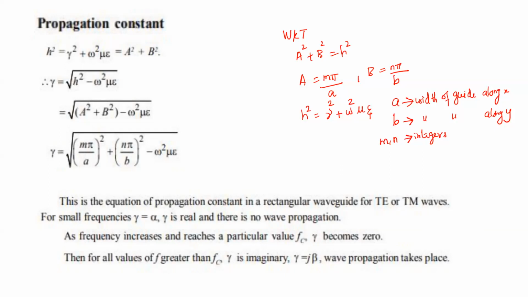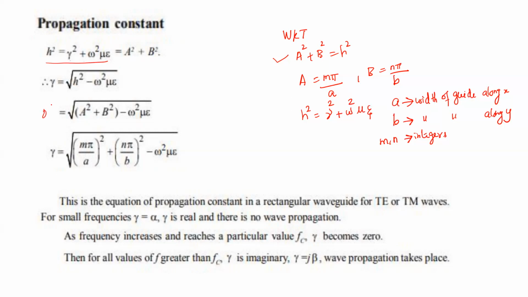Now with this base, let us derive the propagation constant for these TE and TM waves in rectangular waveguide. So we know that h square is equal to gamma square plus omega square into mu epsilon. And this h square can be written as a square plus b square. Now, from this equation, gamma can be written as the square root of h square minus omega square mu epsilon. Now, replace h square as a square plus b square.